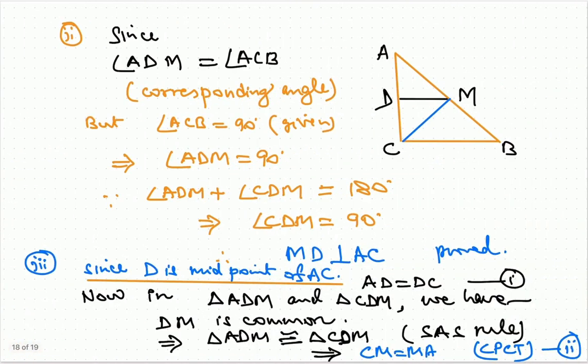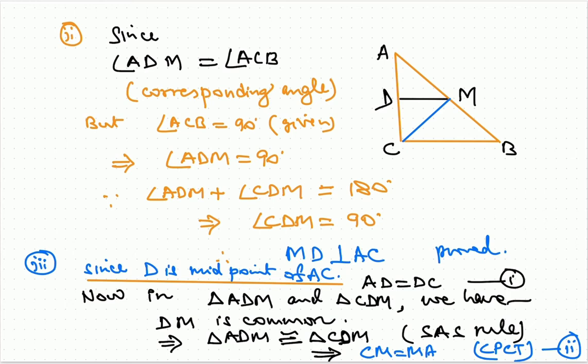Already we have proved that D is the midpoint of AC. So now in triangle ADM and triangle CDM, these triangles are congruent.